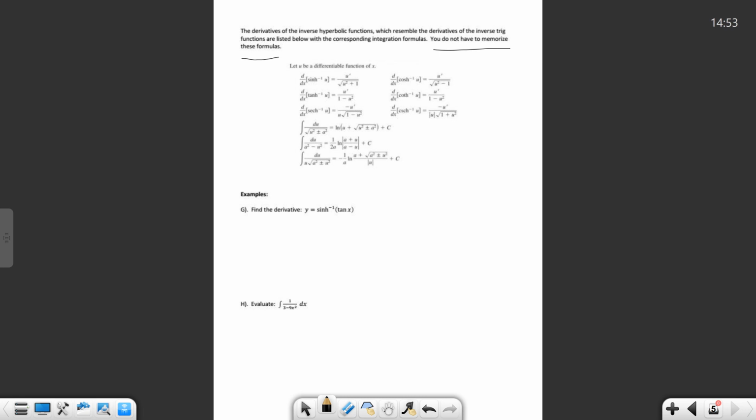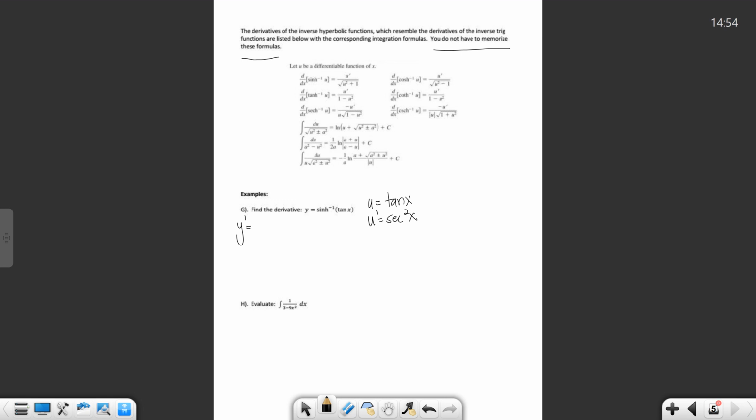Okay. So first one, or G, find the derivative of y equals inverse hyperbolic sine of tangent x. So again, I want to look at what u and u prime are. So u in this case would be tangent x. So then u prime, the derivative of tangent, is secant squared.